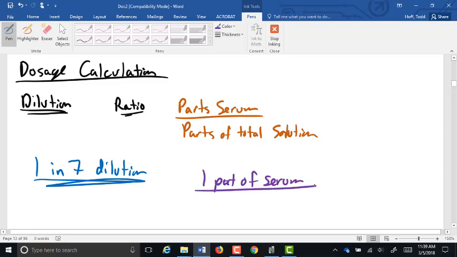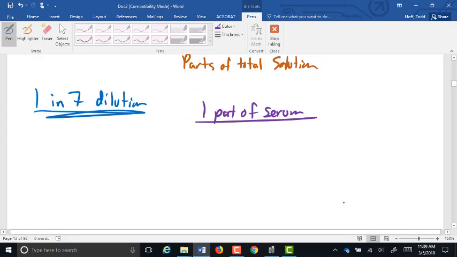Now remember, serum is the generic word we're going to use for any sort of medication, active ingredient, whether it's rubbing alcohol, iodine, hydrochloric acid, or any of the medications, Marcaine, penicillin, insulin, anything like that we'd have to dilute. So for every 1 part of serum, there are 7 total parts solution.